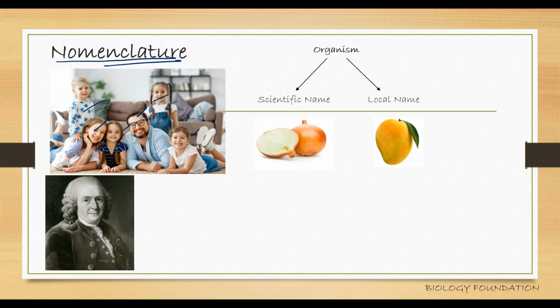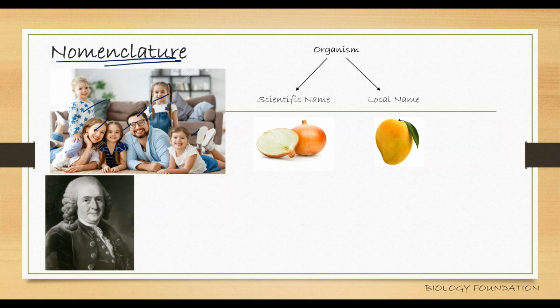Once the kid is born, they give a name to the kid. Otherwise, how will they call the kid? If they won't give a name and start calling him girl or boy, then the kid doesn't understand whom the parents are referring to, right?